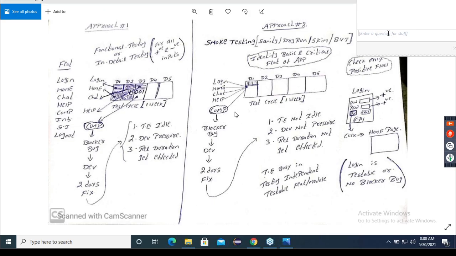Okay, now tell me guys, the only difference between approach 1 and approach 2, you start giving me the differences. Generally I'm asking, what are the differences between approach 1 and approach 2? Time consuming, any question I ask, your first answer is time consuming.